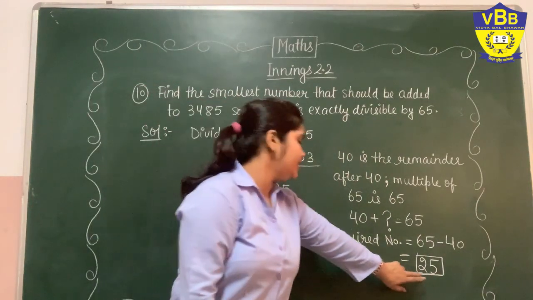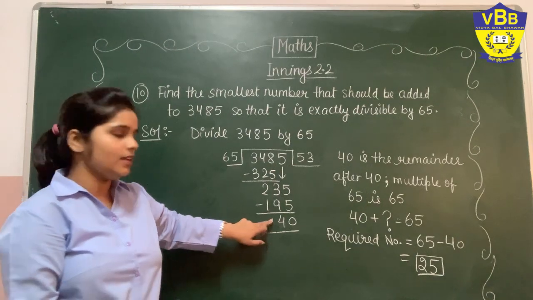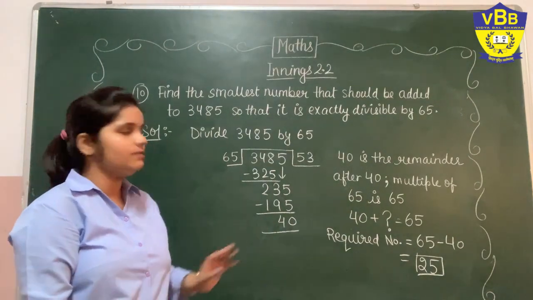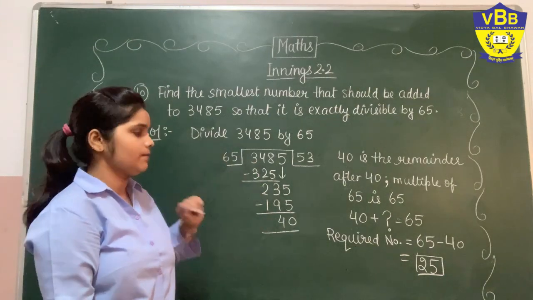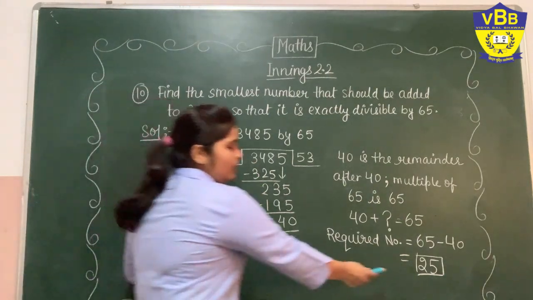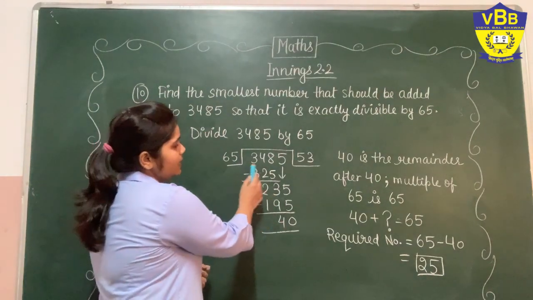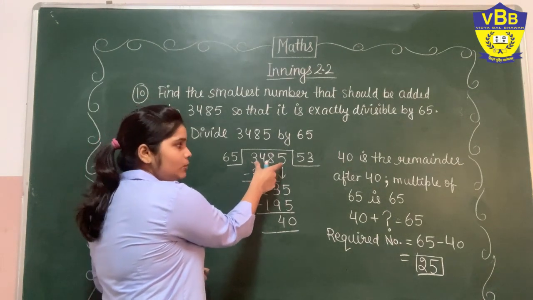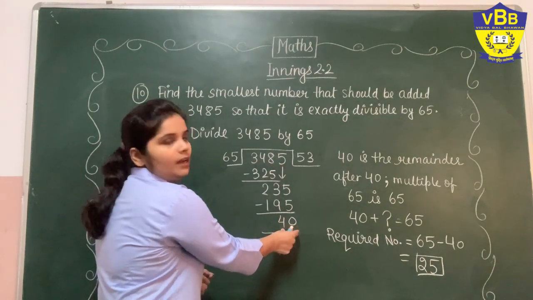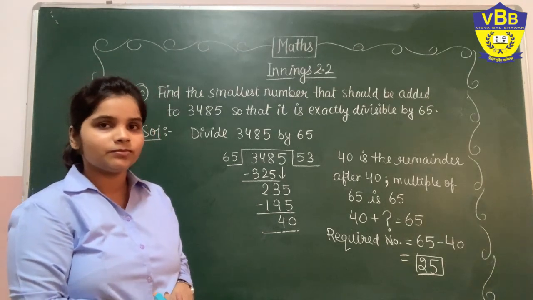If you add 25 to this 40, it will become 65, and 65 will be completely divisible by 65 when you divide the number. Basically, 25 is being added to this number, so that the remainder becomes 65, and that will be divisible by 65.